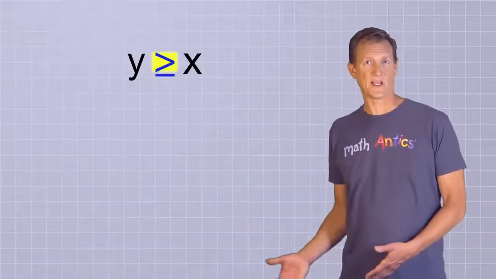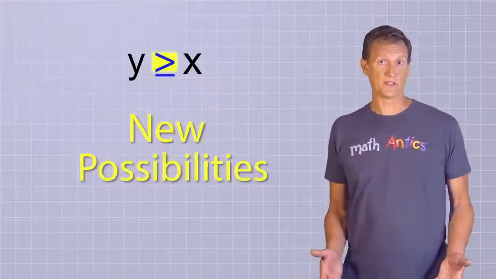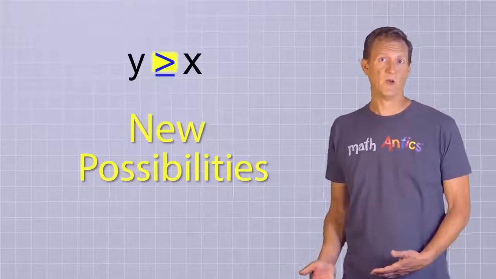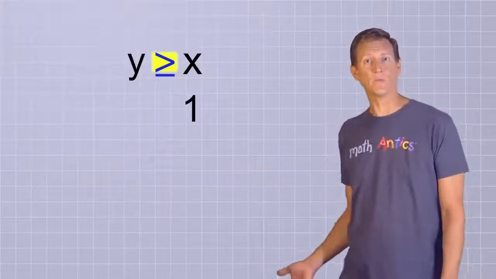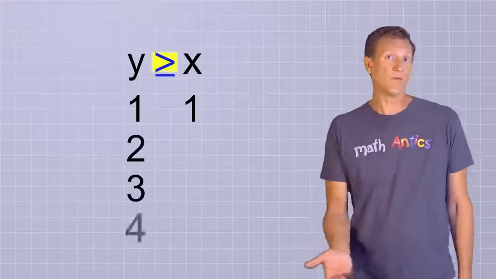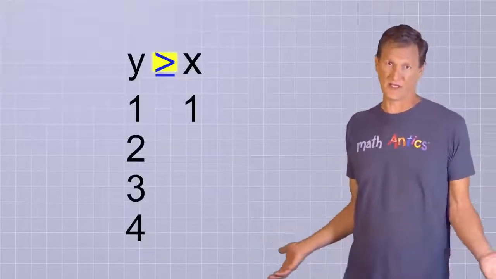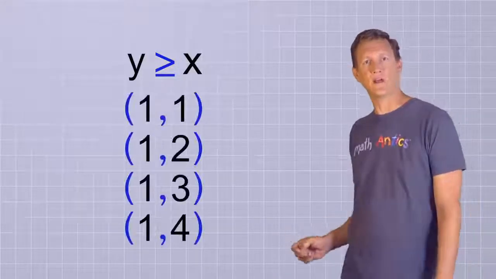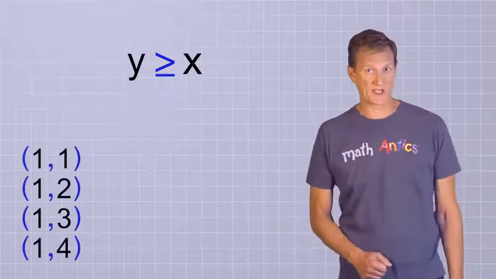But the greater than sign opens up a lot of new possibilities that would also make this statement true. For example, if we let x be 1, y could still be 1, but it could also be any number that's greater than 1. Like y could be 2, or 3, or 4, just to name a few possibilities. Let's make ordered pairs out of those solutions and set them aside for a second.